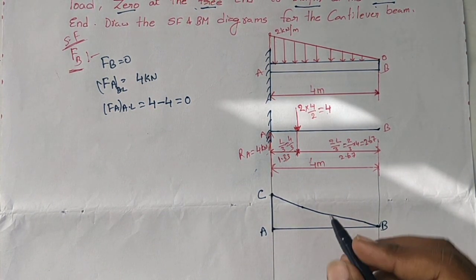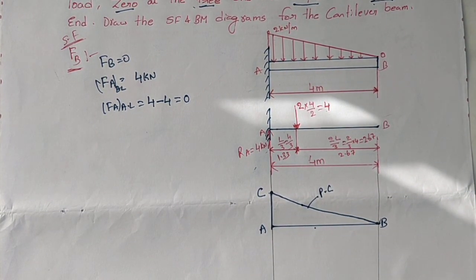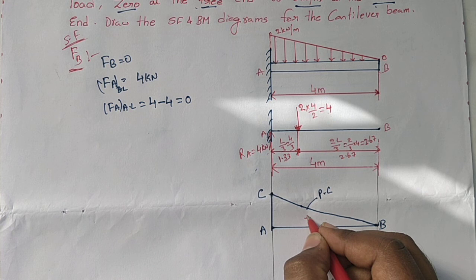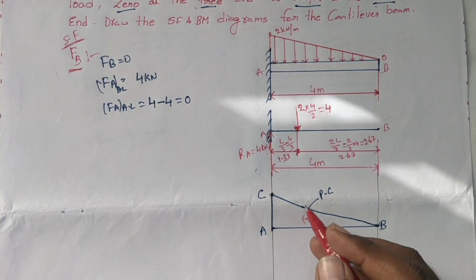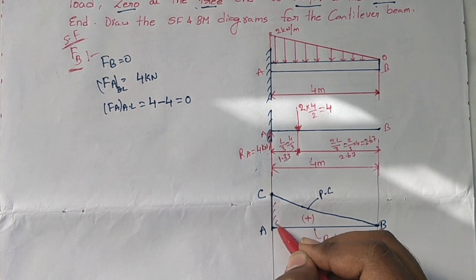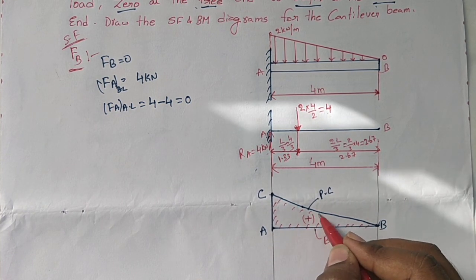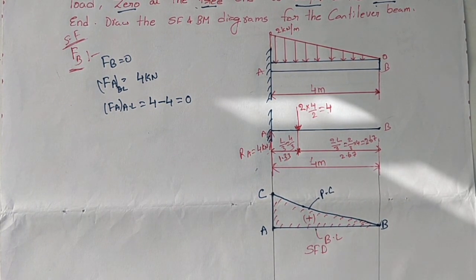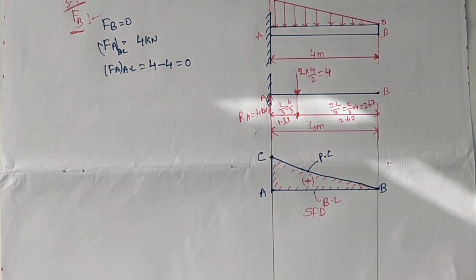This one is the baseline, and it is positive because the shear force value is positive, so it is drawn above the baseline. It is the shear force diagram for a cantilever beam subjected to UVL load.